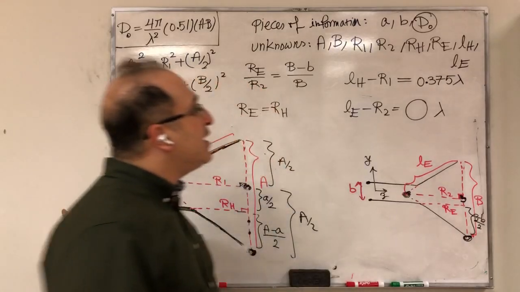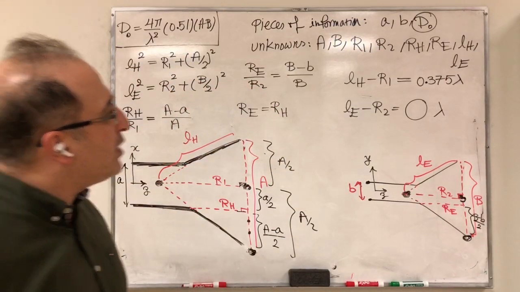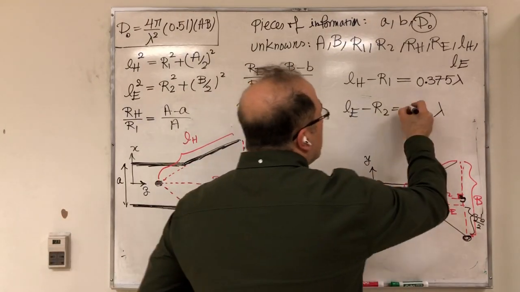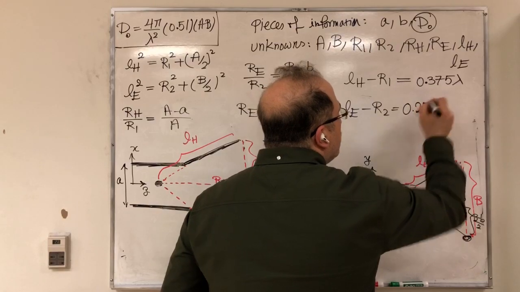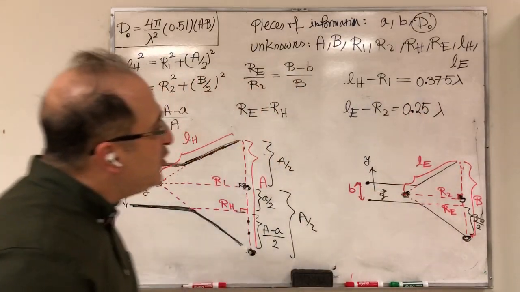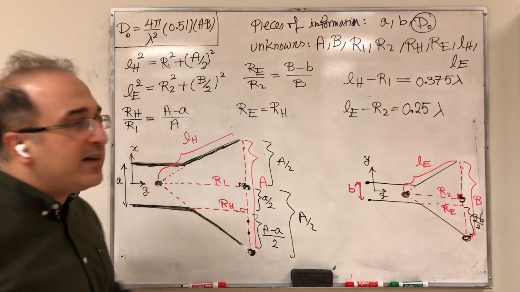This is a reasonable number for LH minus R1, and for LE it is 0.25. So if you look at here, you see that LH and R1 are very close to each other.